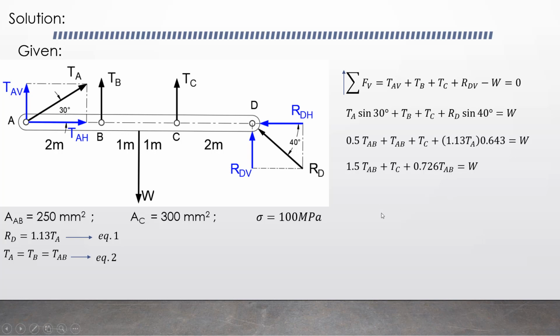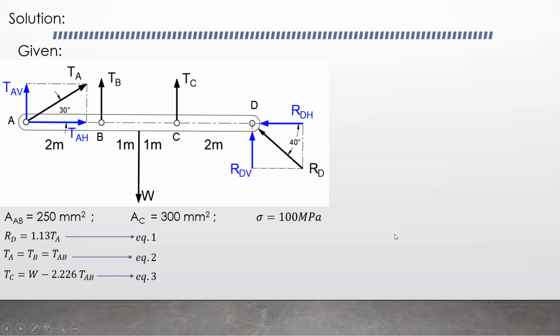We further simplify the equation, so we just add 1.5 and 0.726, and we get 2.226 TAB, plus TC. So TC is equal to W minus 2.226 TAB. We just transpose this one to the right side of the equation. We call it our equation 3.